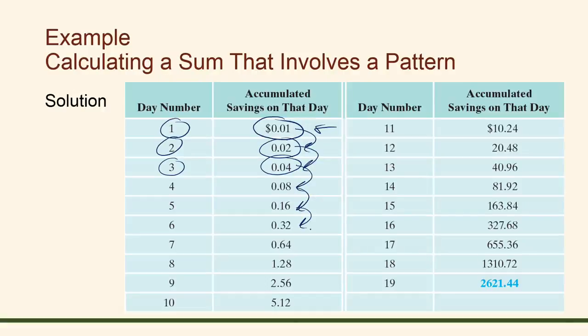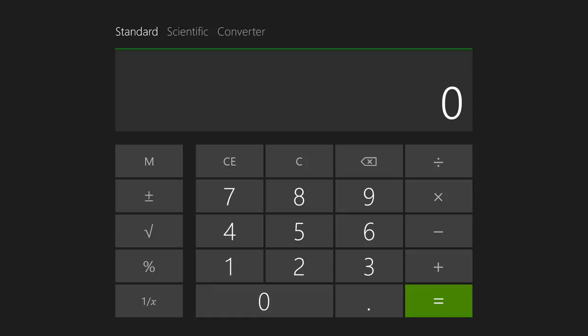So let's use a four-function calculator to see if this premise of having enough money holds true. And as you can see on the chart, by the time we get to the 19th day, we should have enough money to buy the furniture. But let's go ahead and try this on a calculator. So here's my standard four-function calculator.